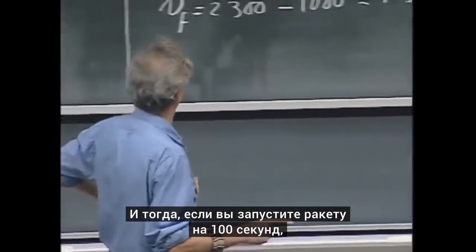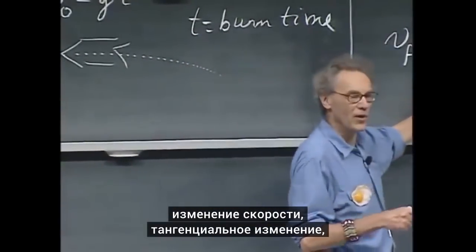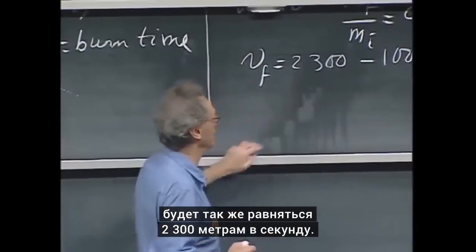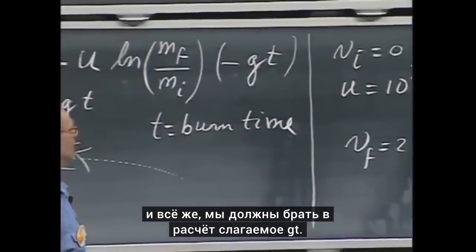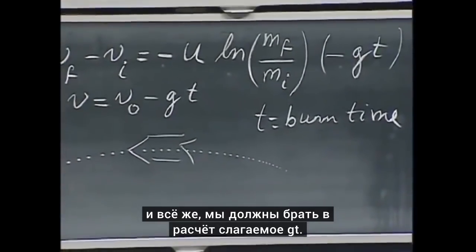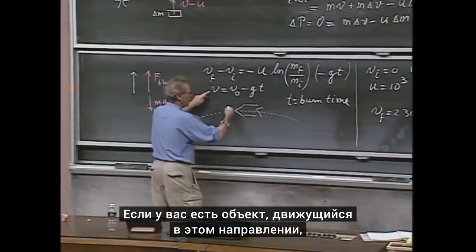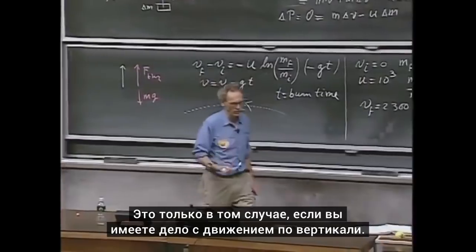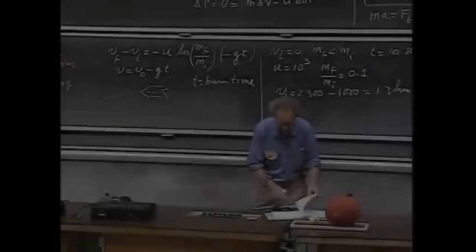And therefore, if you fire this rocket for 100 seconds, the tangential change in velocity will also be 2,300 meters per second. You cannot say now there is gravity, and therefore we have to take the GT term into account. It would be the same for this equation. If you had an object going in this direction, this minus GT term wouldn't be there either. It's only, of course, when you deal with a vertical motion.